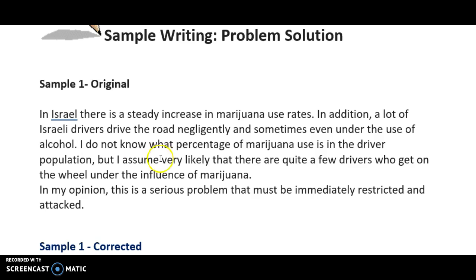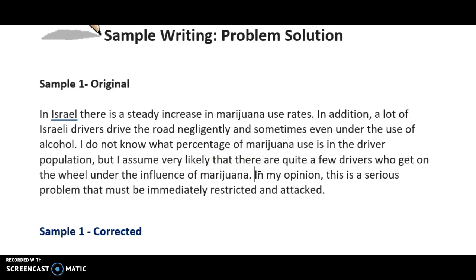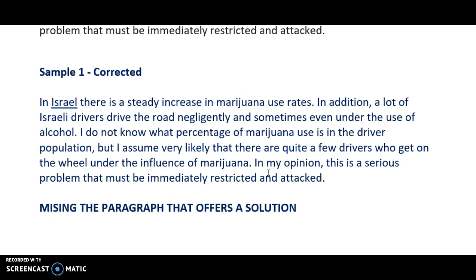So we look here, and from this we can see we've got what looks like a paragraph. And I've already done that for you. But if we look at the paragraph and we see what's the problem, basically we have one paragraph. The topic, and there is a good topic sentence here. In Israel, there is a steady increase in marijuana use rates, and I'm going to put that in yellow. Okay?